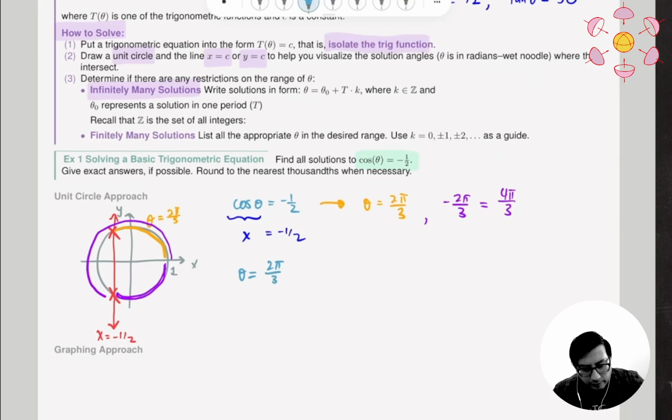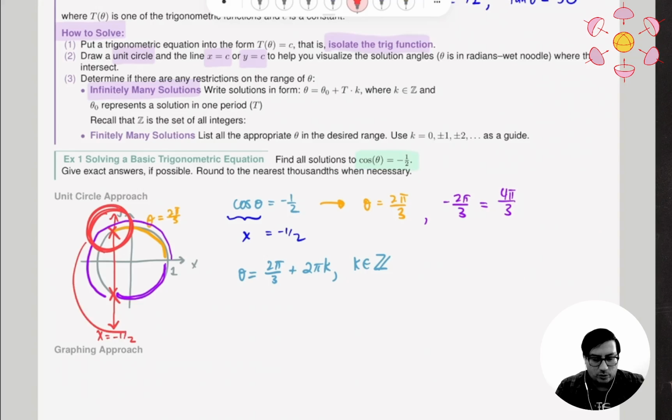So if I'm only interested in just one of these, then I just put 2 pi over 3. But if I want all of them, I'm going to do plus 2 pi k, and remember k belongs to the integers, so I'm going to put Z with a little extra stick. Alright, so that takes care of infinitely many solutions where I'm going to hit basically in that corner. If I do 2 pi, I'm going to go one full turn, one full turn, one full turn. Or I can even do turns in the backwards direction, but I'll always land at just the 2 pi over 3.